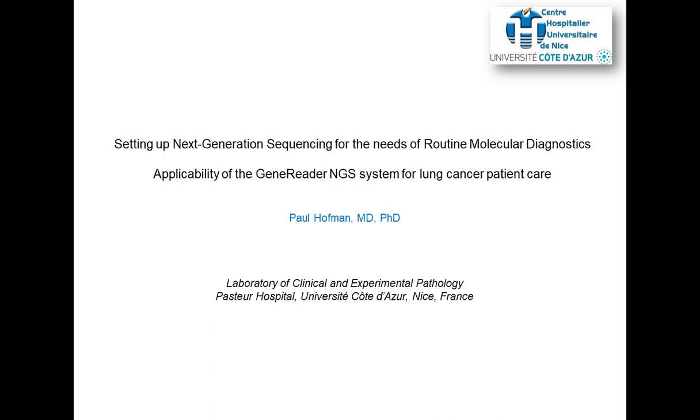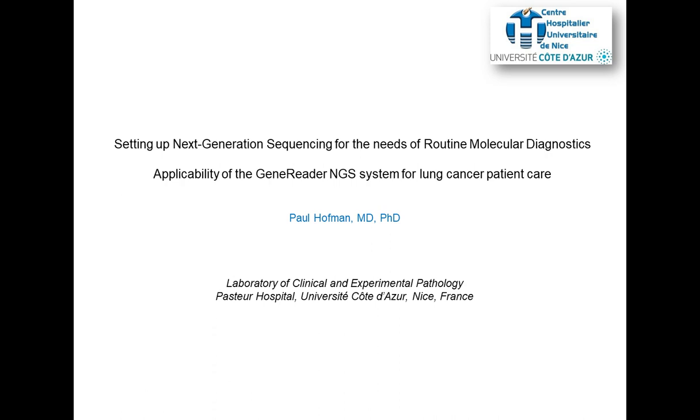Dr. Hofman, our first question is, how long did it take to get the NGS workflow established in your lab? Yeah, it's a nice question. Of course, the answer depends on what you will use as an NGS system in the lab. For me, at the beginning, we set up different NGS systems.